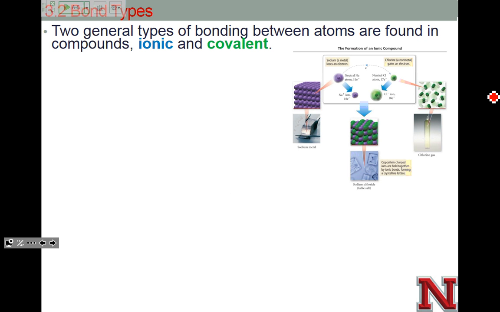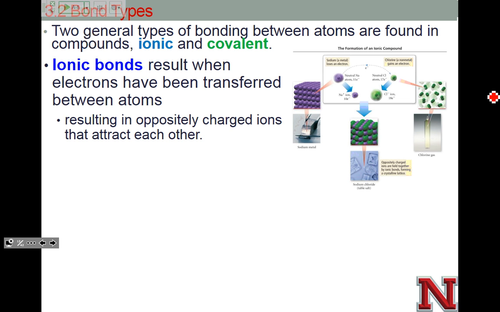So there are two general types of bonds that we talk about as chemists, and those are the two we're going to really focus on in this class: ionic and covalent bonds. There's a pretty large difference between ionic and covalent bonds. Ionic, ions, pretty straightforward, means a bond between two atoms that have charges.